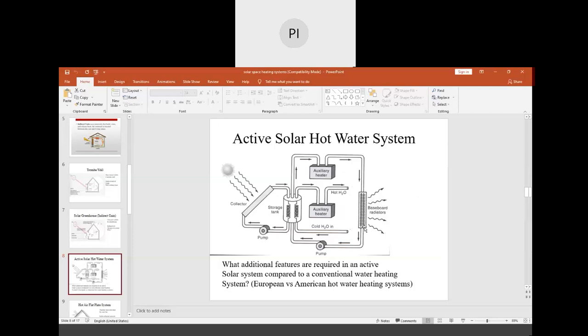The cool water comes down and enters into the storage tank. There is a thermosiphon effect: hot water goes up and cold water again comes into the flat plate collector. In this way, the phenomenon keeps repeating till the water attains a constant temperature.